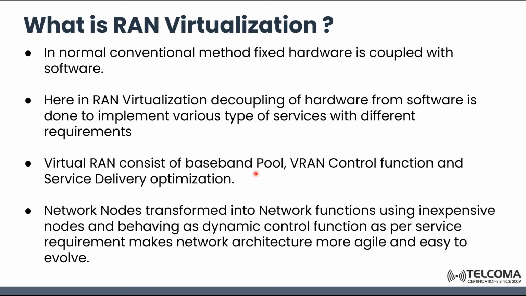Virtual RAN consists of a baseband pool, vRAN control function, and service delivery optimization. So what three do we have in virtual RAN? We have a baseband pool, as we need the baseband functionality. We have a vRAN control function, which controls the functionality of the overall vRAN, telling what needs to perform what.